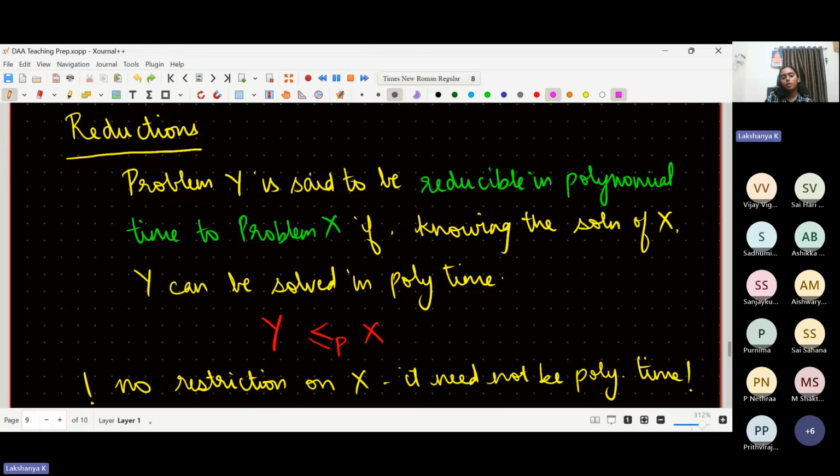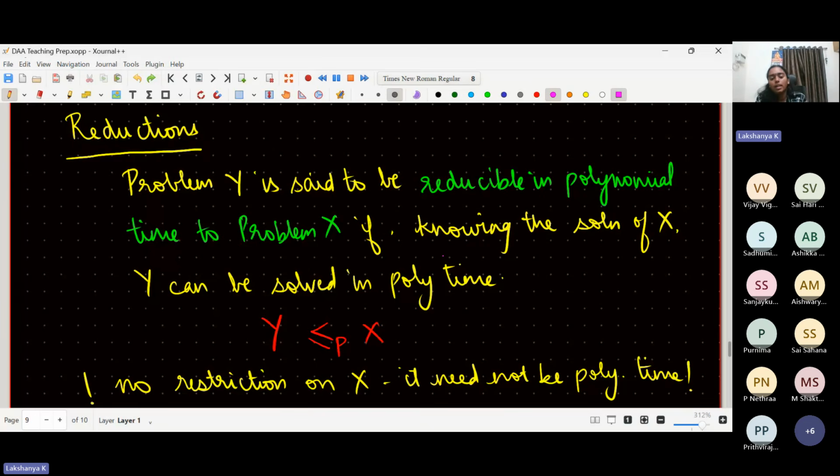Problem y is said to be reducible in polynomial time to problem x if, knowing the solution of x, y can be solved in polynomial time. Again, there is no restriction on x. To answer the question Nedra asked a while ago, x need not be solvable in polynomial time. You can take 10 years to reach the 10th floor. But once I reach the 10th floor, I only need a few minutes to reach the 12th floor. That's the idea.